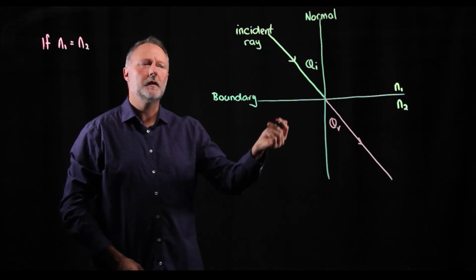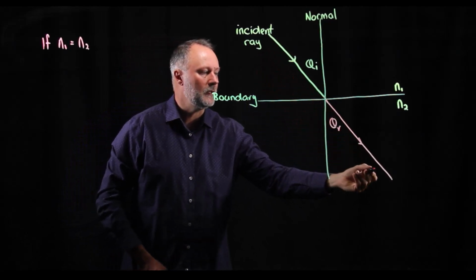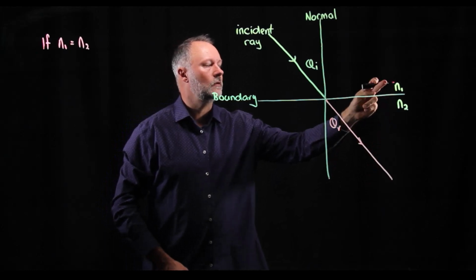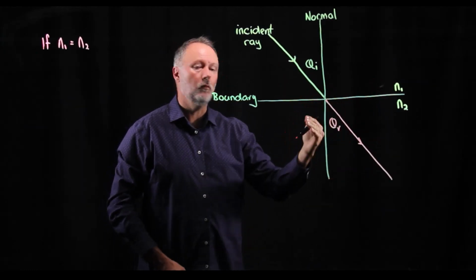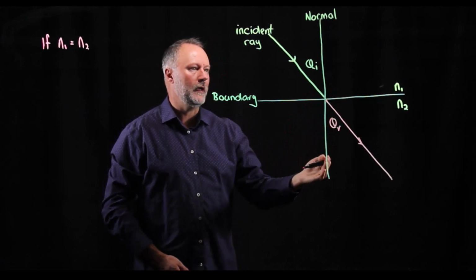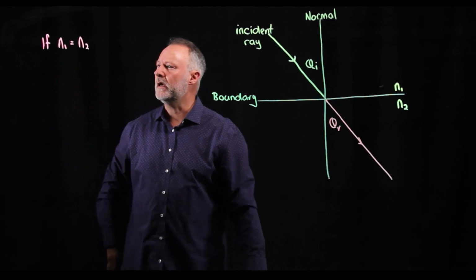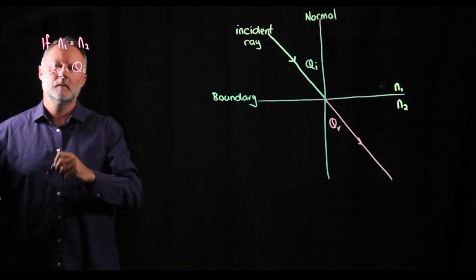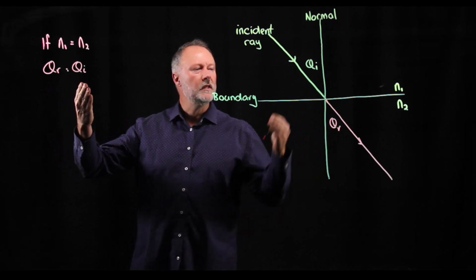So in this example, if incident light were to travel from the first medium into the second medium, and both mediums are identical, we'd find there's absolutely no bending, or what we call refracting, of the ray. It would travel straight through. So if N1 was equal to N2, the angle of refraction will be equal to the angle of incidence.